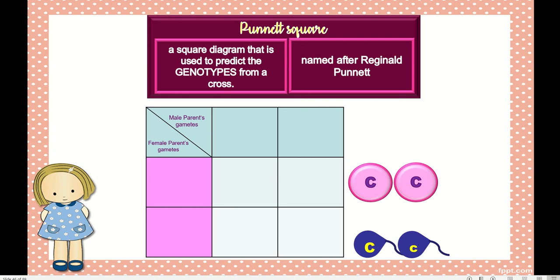Now, steps 4 and 5 use the Punnett square. A Punnett square is named after Reginald Punnett, and it shows the possible genotypes of the offspring, which come from the combination of the parents' gametes.